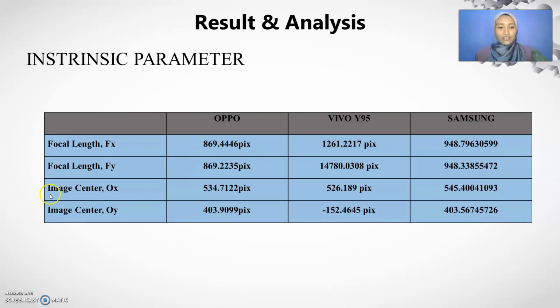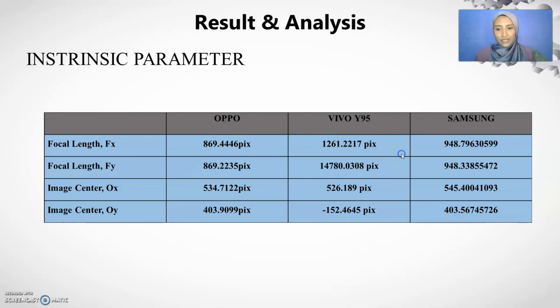The highest result for image center Ox is Samsung, and the highest result for image center Oy is Oppo. So we can conclude the highest result for intrinsic parameter is at Vivo.